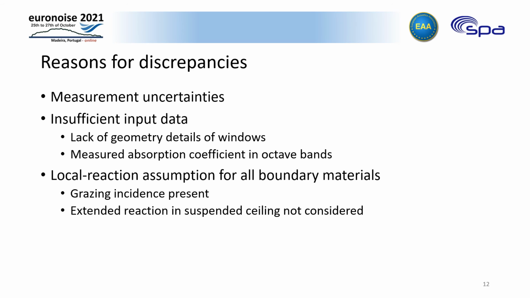In this study, the exact size of windows are not measured. Also, the measured absorption coefficients are only available in octave bands, and a monotonic frequency dependency is assumed for the narrowband. Furthermore, the accurate phase information of the surface impedance is missing.